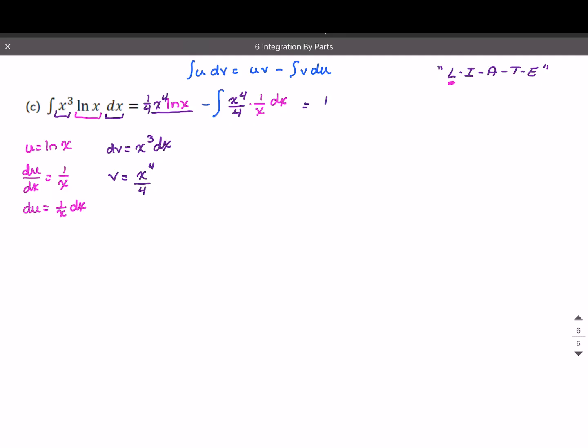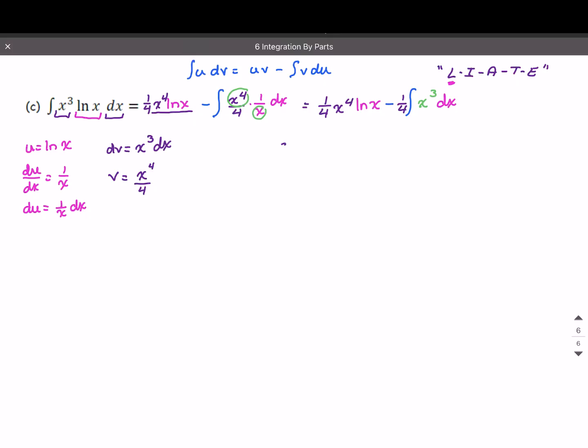So far we've got that 1/4 x to the 4th times the natural log of x minus the integral. I'm going to pull that 1/4 out of here, but also, see this x to the 4th and this x? They're going to simplify to x to the 3rd, aren't they? And then we still have dx.